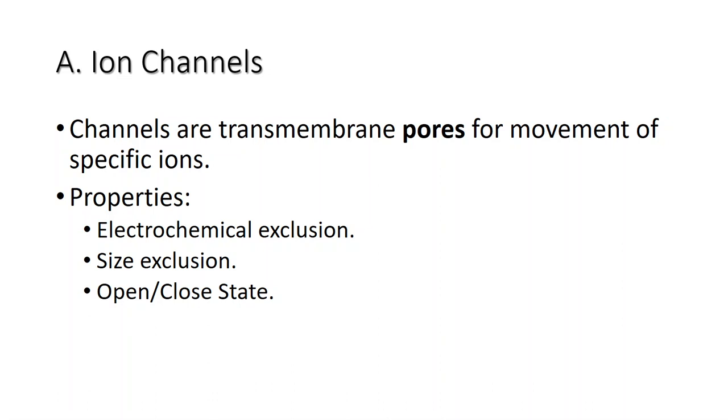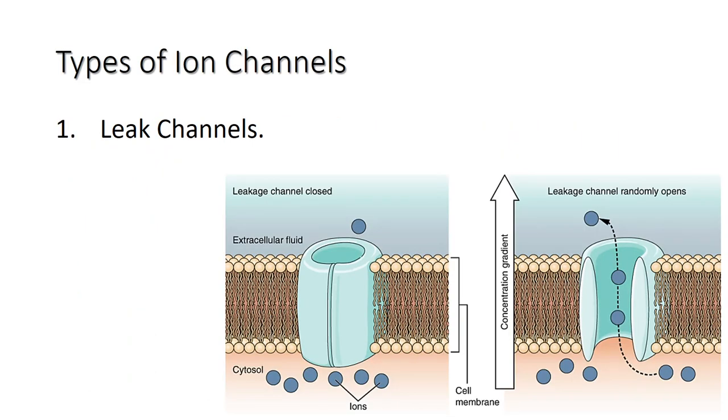When a channel is open, ions permeate through the channel pore down the transmembrane concentration gradient for that particular ion. The two main varieties of ion channels are leak channels and gated channels.